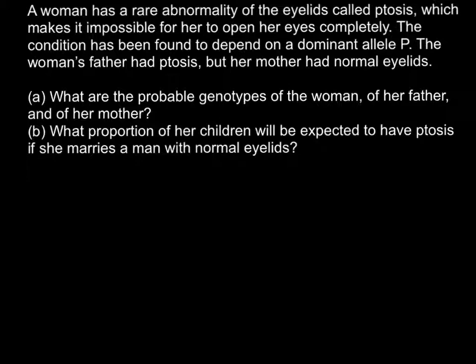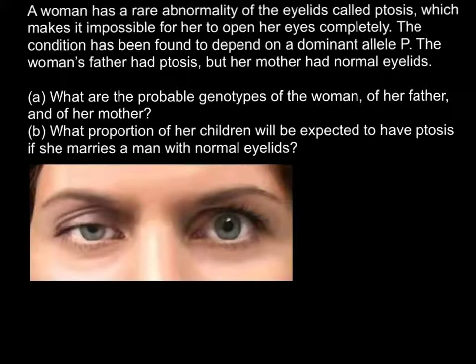And here is an example of this disorder. As you see, this woman has a problem with her right eye, and this is a genetic disorder. And the good news is that it can very easily be corrected with surgery.